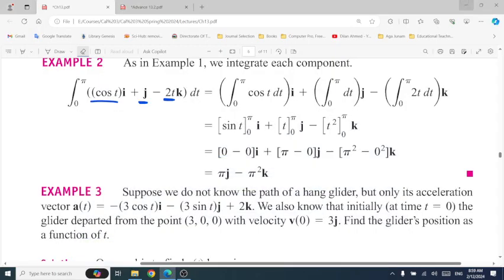What's given? The acceleration is given. What else? The initial point. What does initial point mean? Starting, right? Good. What else? What was the question? Find what?